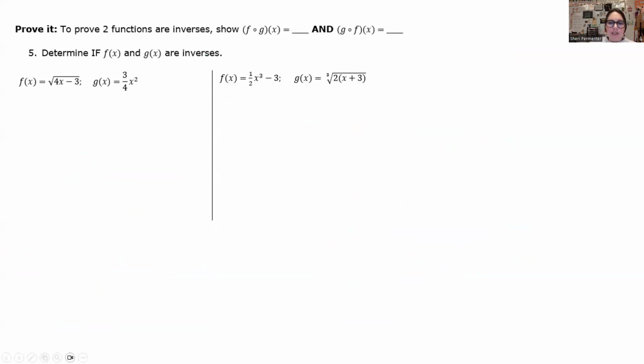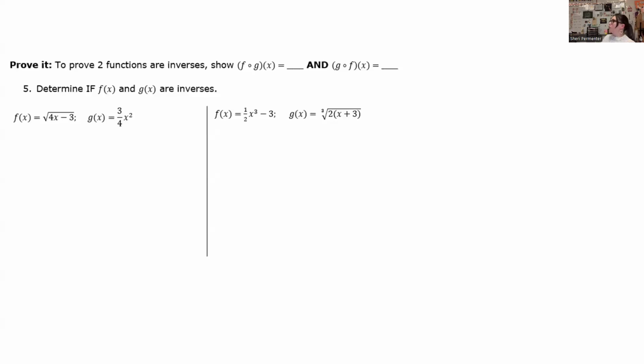And last, we're going to talk about how to prove if two graphs are inverses, because they have to reflect over the line y is equal to x. We can prove if two equations are inverses, and we learned how to do this last time. It's not called FOG, it's called f of g of x.